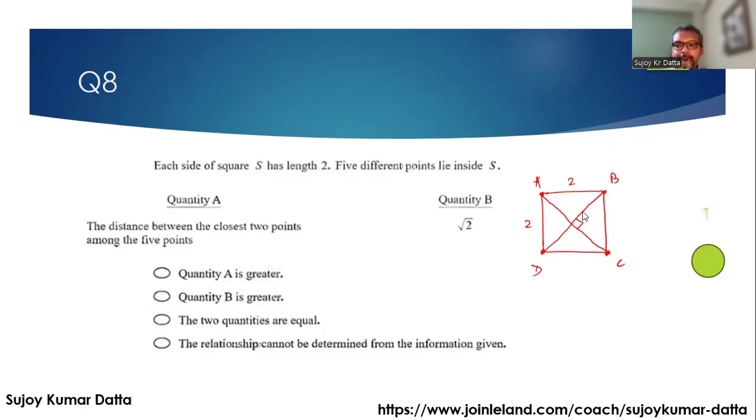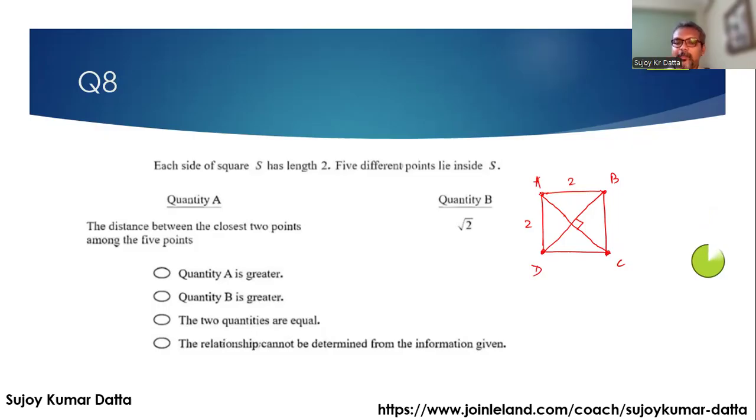Because if I have something which is closer to A than to C, then the maximizing distance will not happen, and that point will be closer to that.